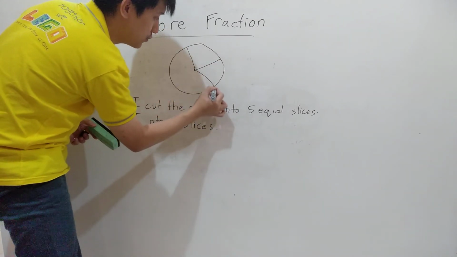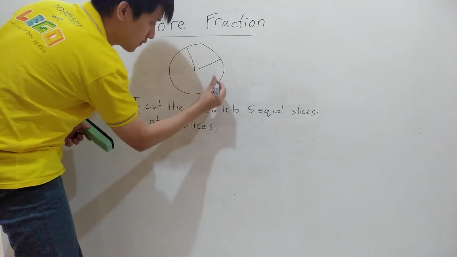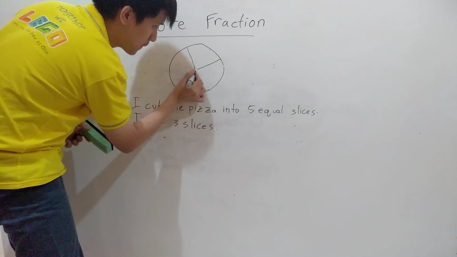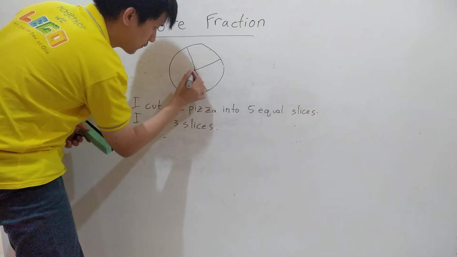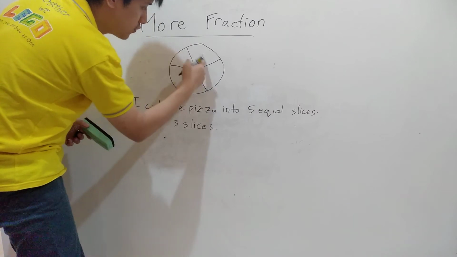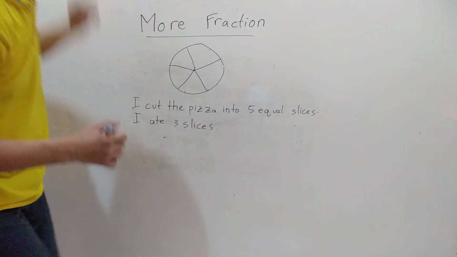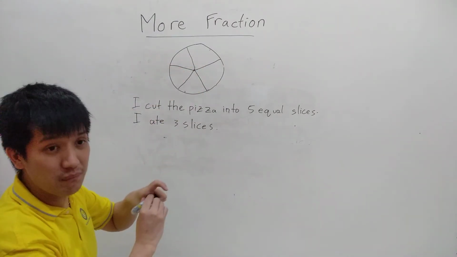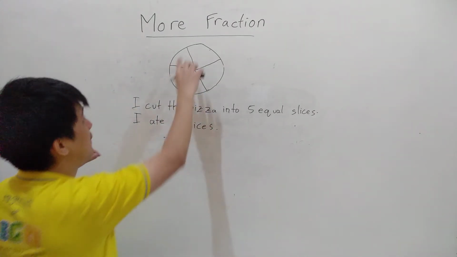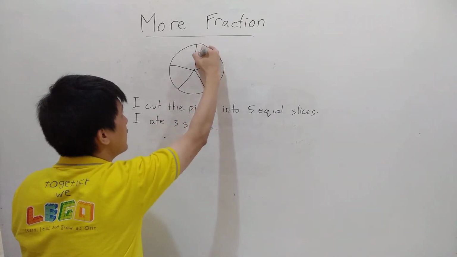So this is what I will do. No, I don't think this is correct. One, 2, 3, 4, 5. Well, now I have 5 equal slices. I'm sorry that this one is a little bit big, but let's assume that this pizza is actually equal, okay?